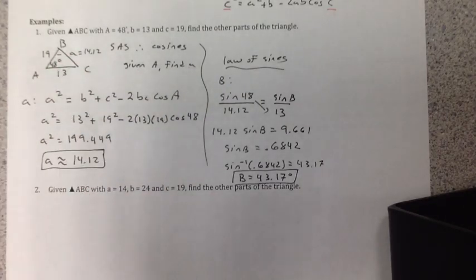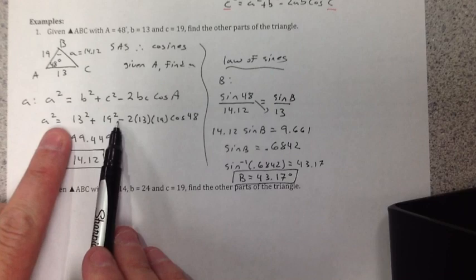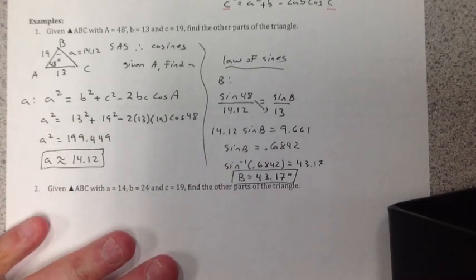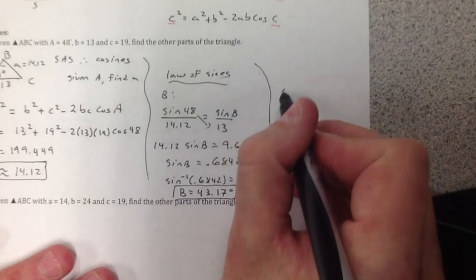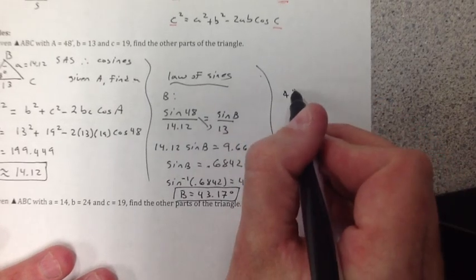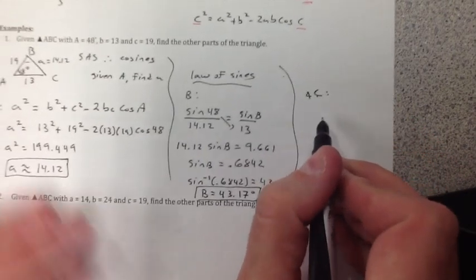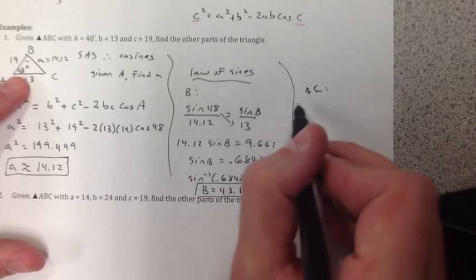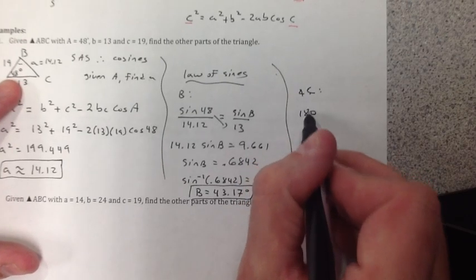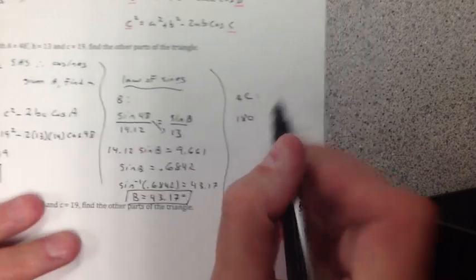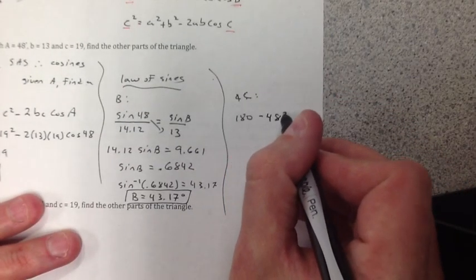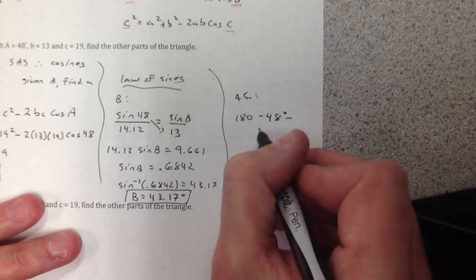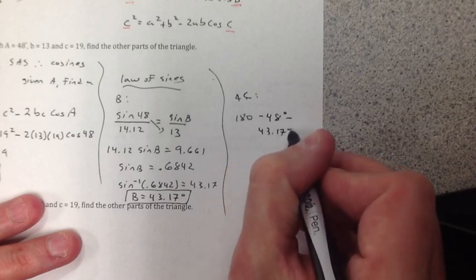Now if you notice, it gets progressively easier. Law of cosines, law of sines, and then to get angle C, what do you think we can use? Yeah, we can just use what we know. Angle C, a triangle has to have a total angle degree of 180. So I just get 180 minus my angle A, which was 48 degrees, minus the angle that we just found, 43.17 degrees.